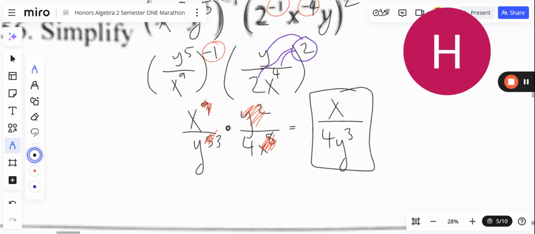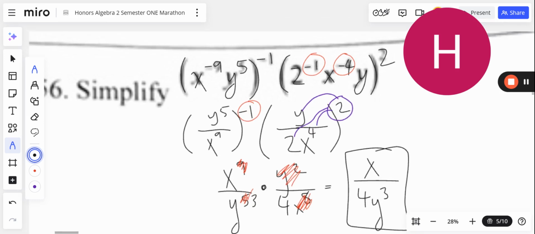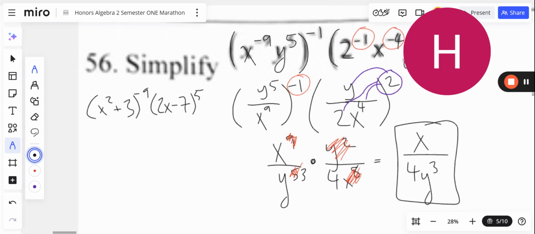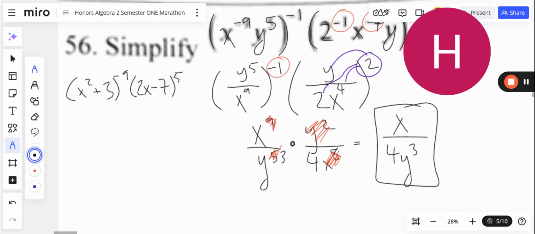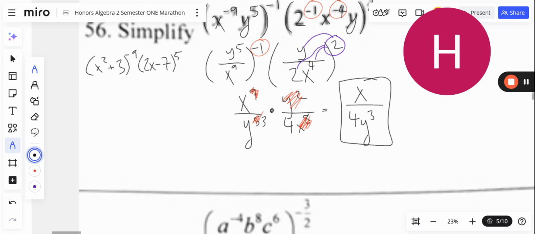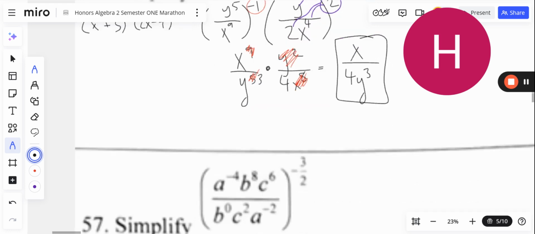So in the future, it's not just going to be x to the minus 9, y to the 5. It's going to be x squared plus 3 to the minus 9, 2x minus 7 to the 5, that type of thing, okay? So just preparing you for what's ahead. We're working with simple objects right now that are just single variables, but soon they will become their own expressions.